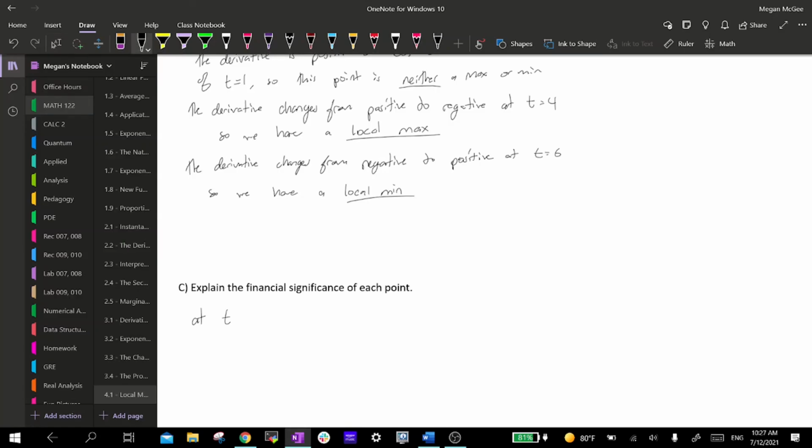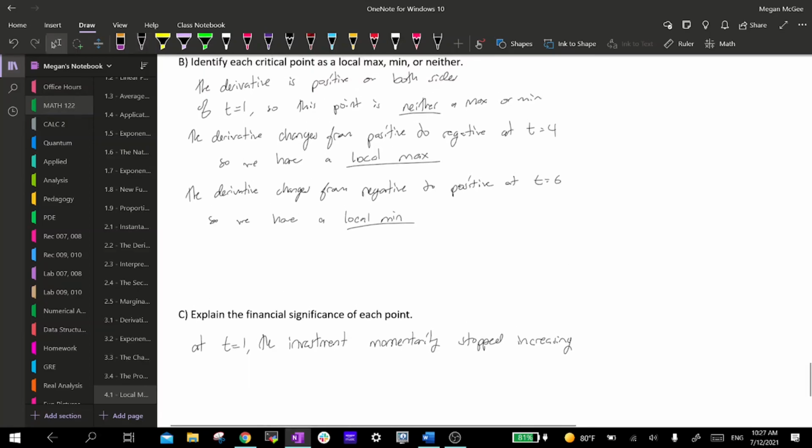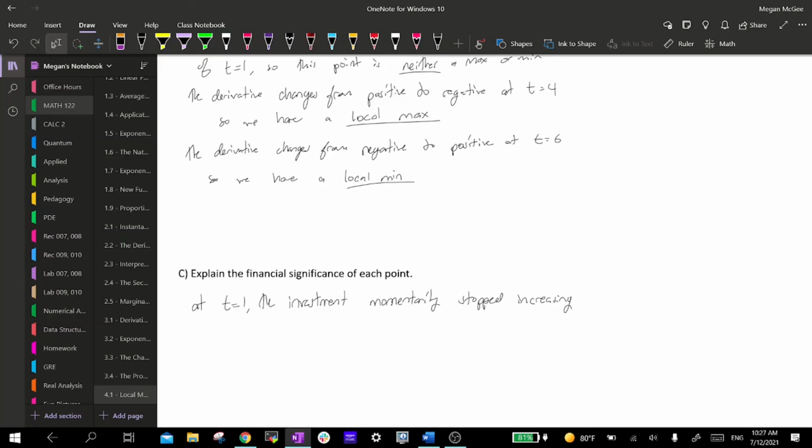So, at t is equal to 1, the investment, because this is the rate of change of the value of an investment, momentarily stopped increasing. Right, because the derivative was positive before leveling off. So it momentarily stopped increasing, but then it started increasing soon after.